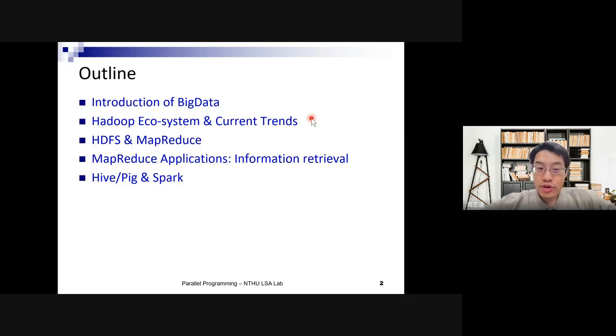So I think it's very important for you to at least have an idea of the design and how to enable distributed computing in Hadoop. And we will also introduce Spark, which is an example of how to extend the idea of Hadoop to another level, to support more diverse and even faster computing for data processing.